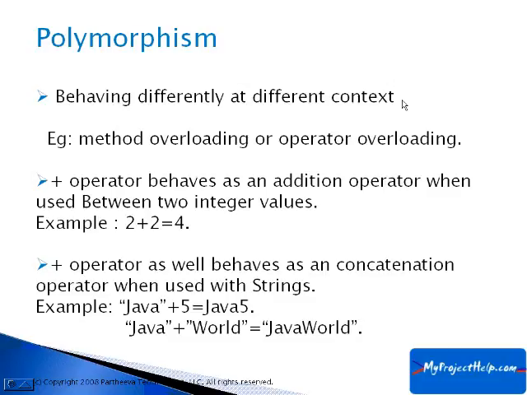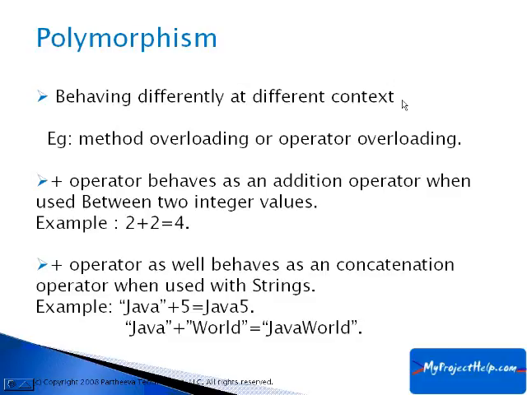Whereas the same plus operator, if it is used with a string and a number, or between strings, it behaves differently. A string is nothing but a collection of characters. So like "Java" is a string, plus is the operator, 5 is a number.